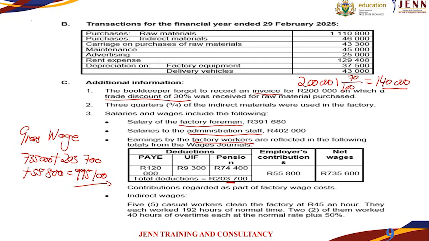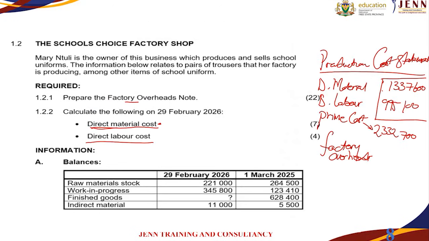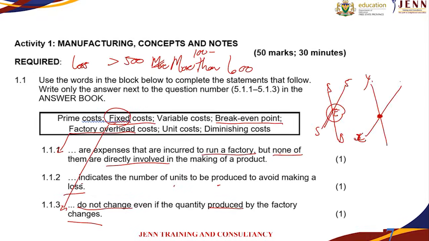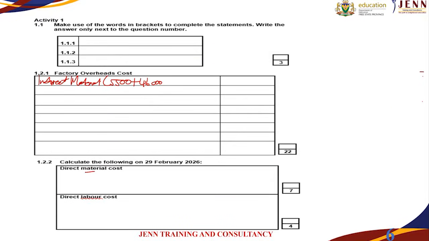But however, there is information number 2 that we must also take into consideration. But before I go to information number 2, let me go back and now subtract the closing balance. As we can see, the closing balance on indirect material is going to be 11,000. Now we need to go back and subtract this, minus 11,000, and then we close the bracket.